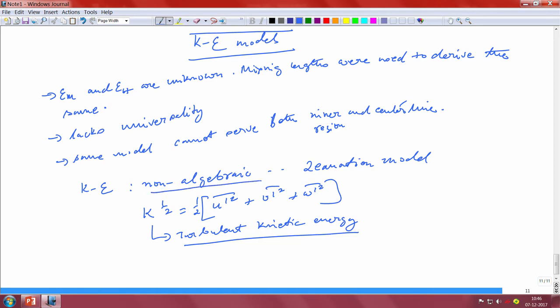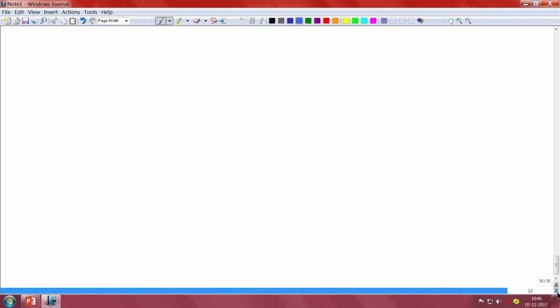This is a non-algebraic model, a two equation model in fact, the K epsilon. It is basically the sum of the variance of the fluctuating velocity field. That is what is calculated as the turbulent kinetic energy. Next, the turbulent kinetic energy is not all.